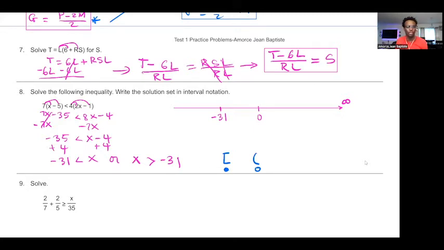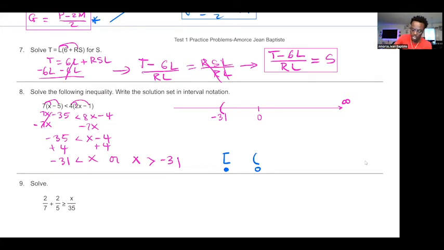But in this case, I'm going to use a parenthesis on negative 31, and it opens to the right, because with x on the left side of the inequality, greater than means that we are looking toward positive infinity. You're walking toward positive infinity as you see your solutions.